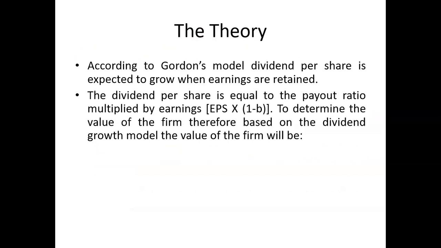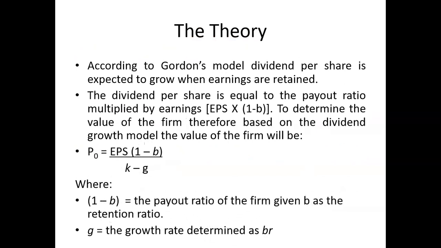Then, what exactly does the theory indicate? According to Gordon's model, dividend per share is expected to grow when earnings are retained. So dividend per share will be growing if earnings are retained in the company. The dividend per share is equal to the payout ratio multiplied by earnings. To determine the value of the firm, based on the dividend growth model, P0 is equal to earnings per share times (1 minus b) divided by (Ke minus g).